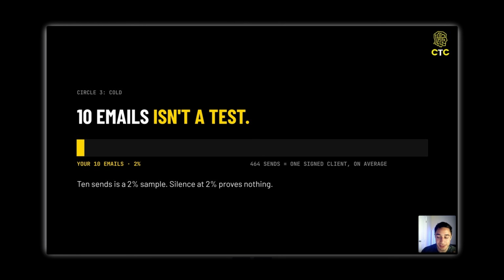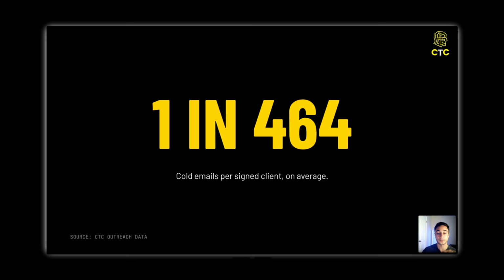So you need to completely reset your expectations when it comes to cold outreach for your first client. But keep in mind, your first client is going to come from your warm network anyways, most often than not. But for those of you who have done cold emails before, this is more so you understand the math behind it. On average, one signed client is going to be behind 464 emails.